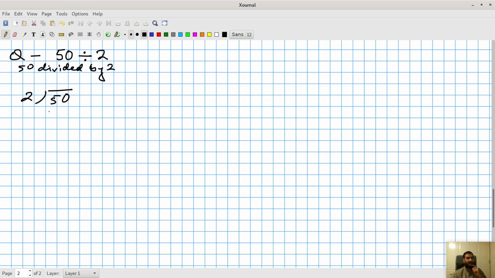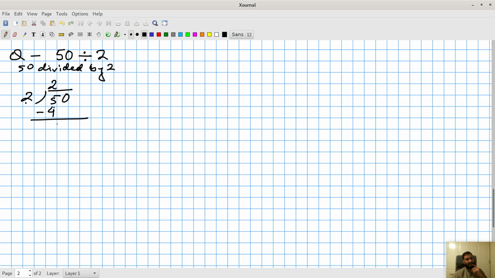2 outside. We check this is single digit, we take the first digit which is greater than 2, so that means it's somewhere in 2's table, so we find it. 2 2s are 4 and 2 3s are 6, so it doesn't fall in 2's table, but the closest number which is less than this number is 4, so we say 2 2s are 4.